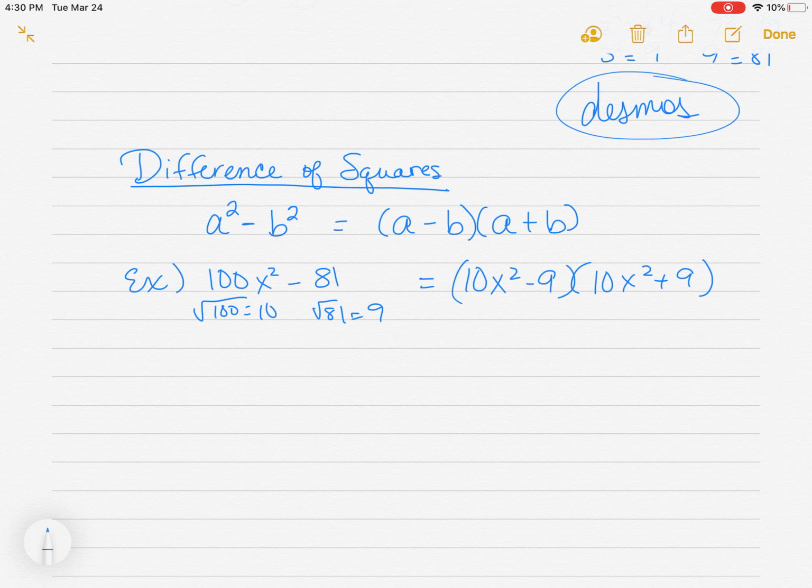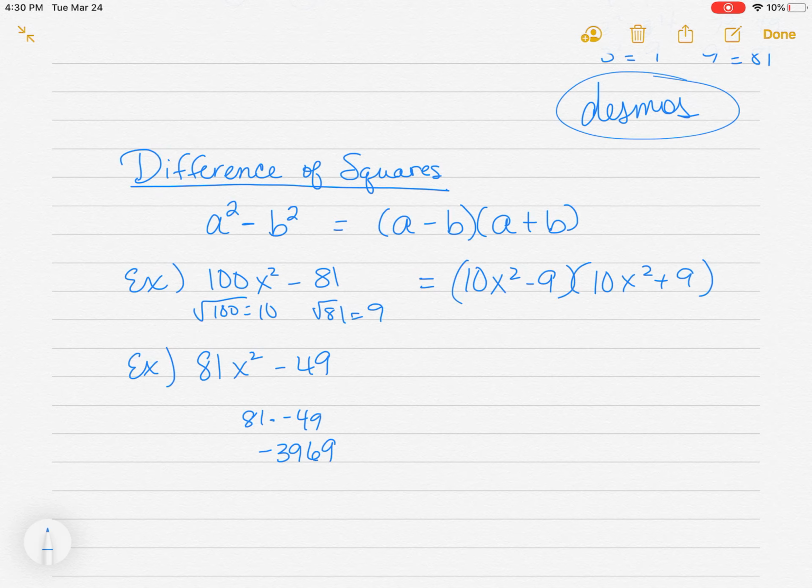Now, I can do these with the x method, right? Because we did those. So if I want to do 81x squared minus 49, I can do it with the x method. It's going to be messy, right? Because I have to do 81 times negative 49, which, if I calculate that, is negative 3969.